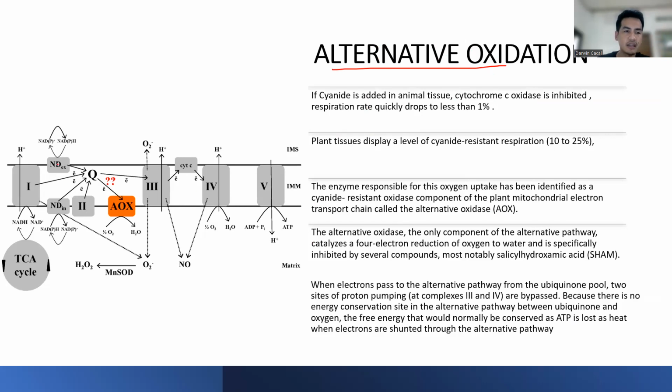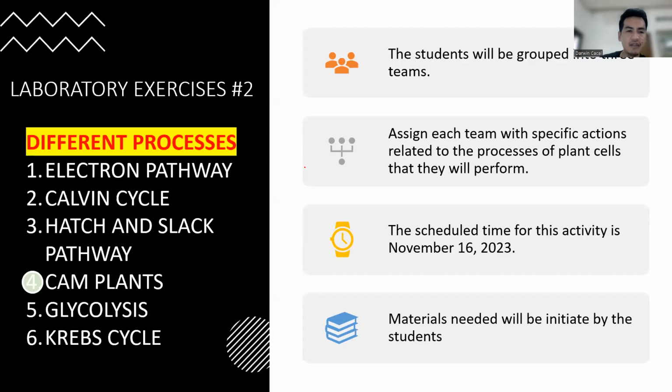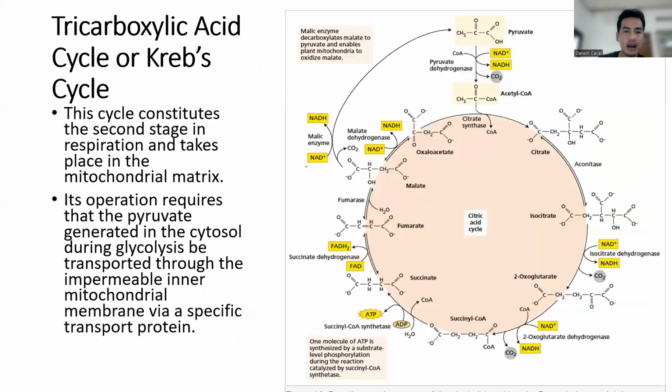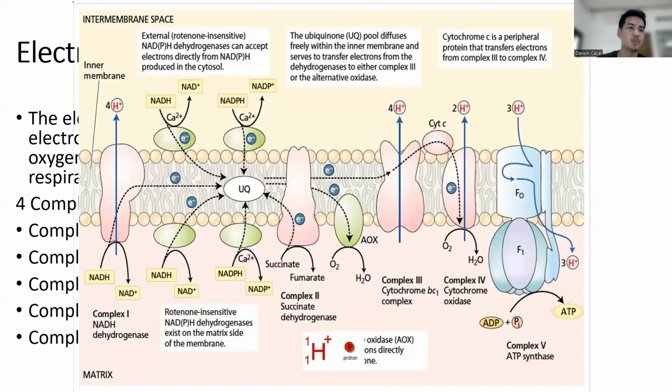So in the transport of the electron, para mas ma-visualize nyo ang ibig sabihin ng 1, 2, 3, 4, and 5, ito yung kanyang depict picture, wherein they are found in the intermembrane spaces.